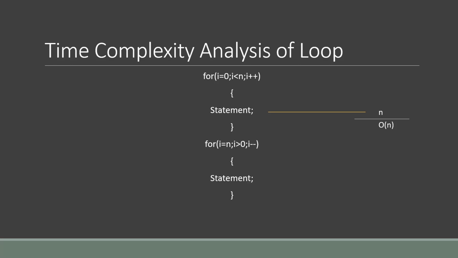We can have the reverse one as well: i starts from n and goes down to 0. The same thing happens in a similar logic and fashion, and the time complexity will be calculated as order of n. In this case, the value of i does not change by 1, it changes by 2.